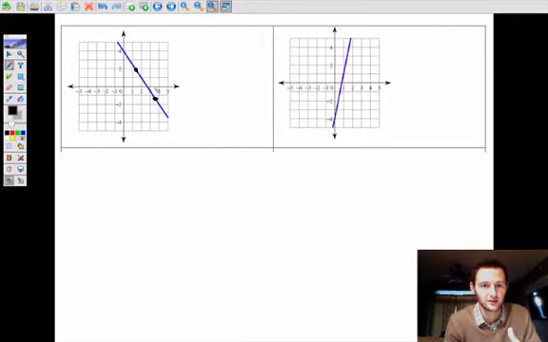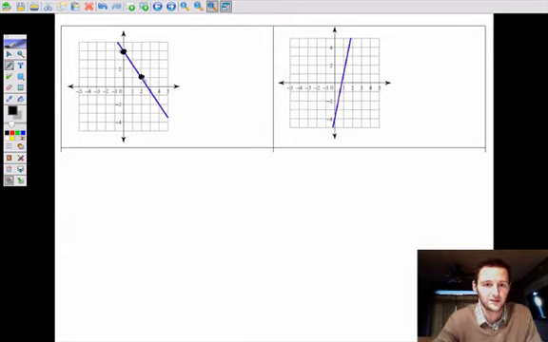I could maybe estimate and say like 3.5, but I don't even know if that's the true x coordinate. So when you pick out points, make sure you pick points that are going to be fairly easy to use. So that one gives you the y-intercept right there. If you can find the y-intercept, I would do that for every single one of these.